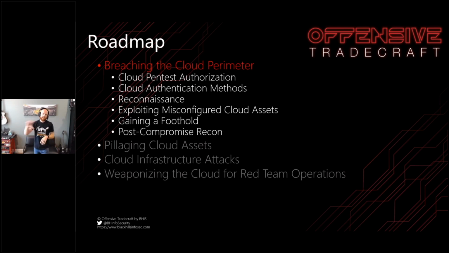Finally, the last section is all on weaponizing cloud for red team operations. Most of us as red teamers and pen testers have moved pretty much everything we do to some sort of cloud-based asset, just because it's super easy to spin up. It's great for certain types of attacks, like using domain fronting to hide C2 channels.